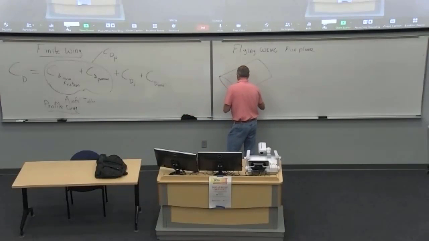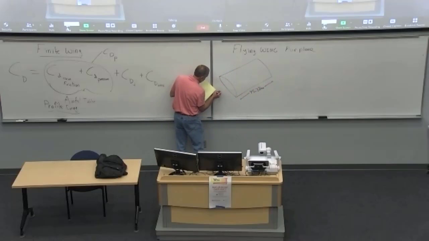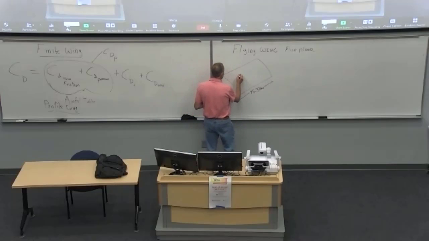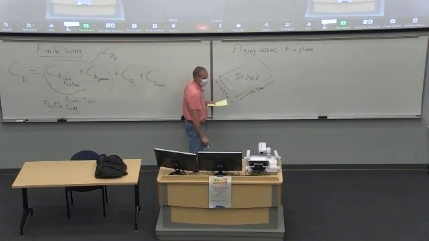It's got a wingspan of 45.38 meters and a chord of 4.54 meters. The area, since it's a rectangular wing, you can just multiply the two, is 206 square meters.